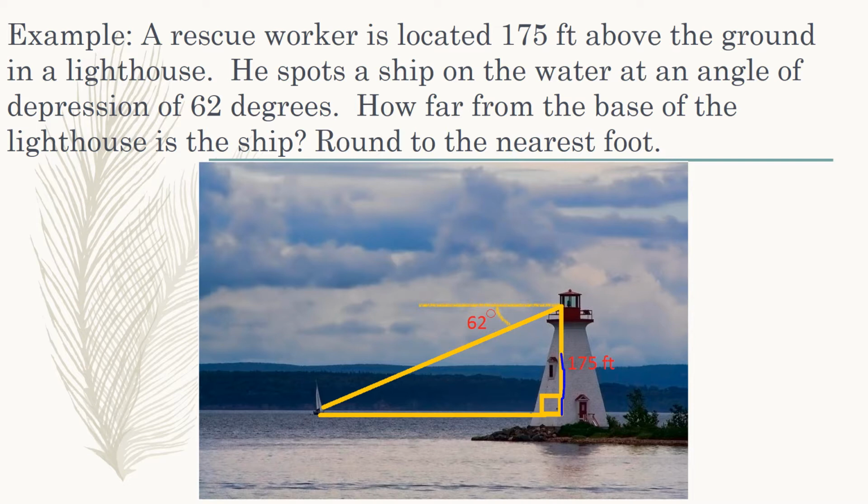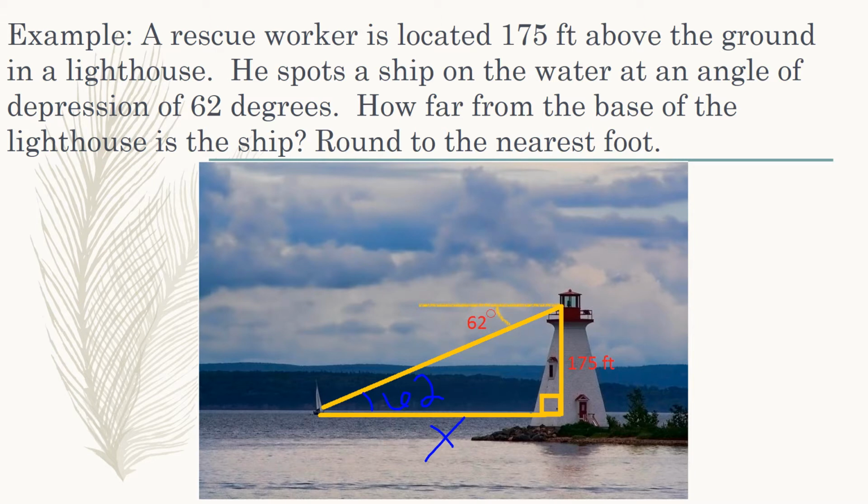And we know he's 175 feet above the ground. And we want to find out how far from the base of the lighthouse is the ship. So we're trying to find this horizontal length. Well, 62 does not help me up there. But as we discussed on a couple slides ago, if that angle is 62, this angle also must be 62 because they're alternate interior angles.